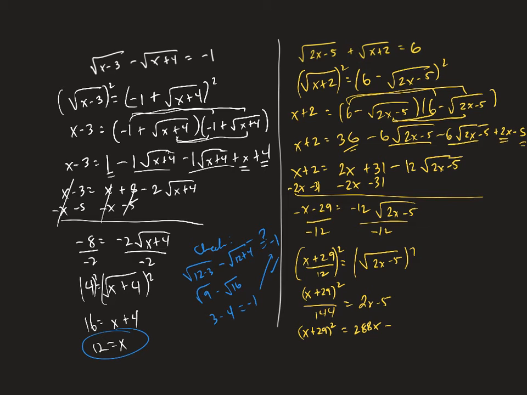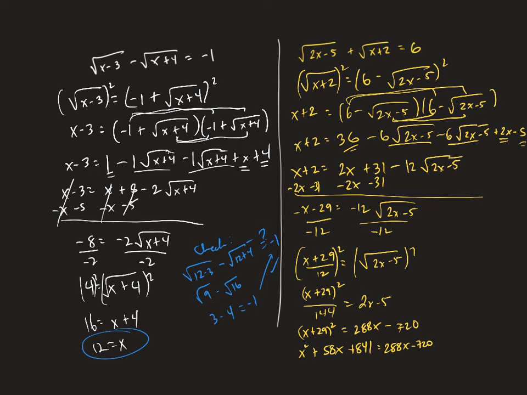Oh, it's 5 times 144. Let's see, 0 carry 2, 720. And then I'm going to FOIL out the x plus 29 squared. And that will give me x squared plus 58x plus 841 equals 288x minus 720.